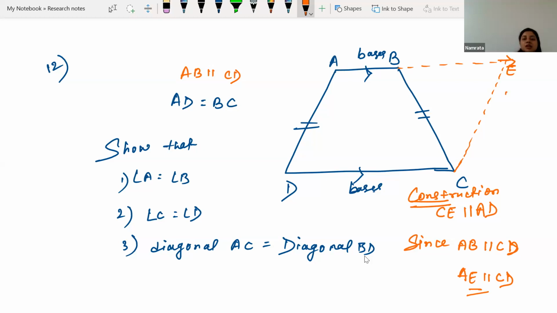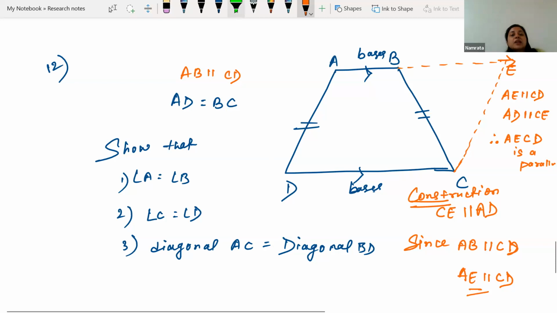We have seen that AE is parallel to CD, and on the other side we have done the construction in such a way that AD is parallel to CE. Therefore, AECD is a parallelogram, right? Now that we have proved it's a parallelogram, opposite sides will be equal to each other.